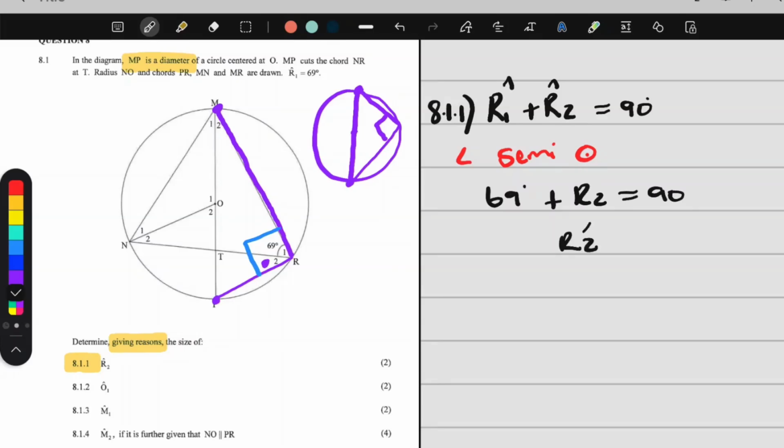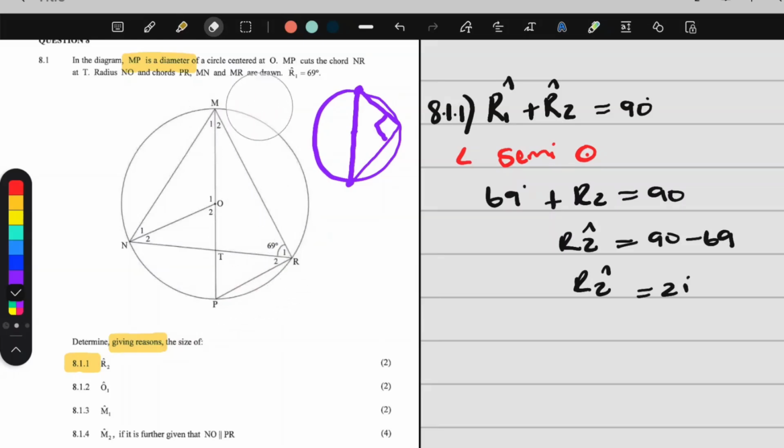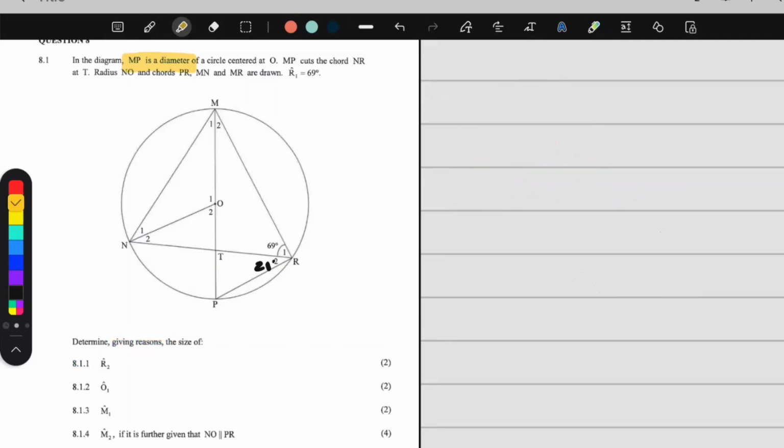So R2 is 90 minus 69. Angle R2 is therefore 21 degrees. Then I go to my diagram and I put in here, this is 21 degrees.